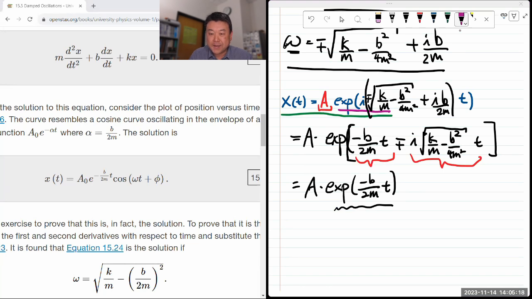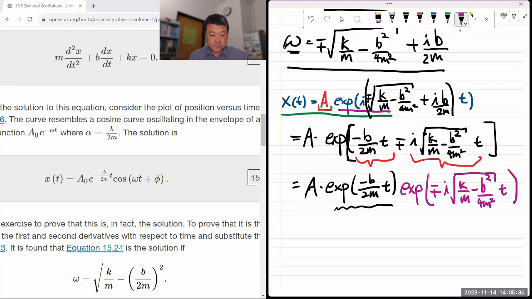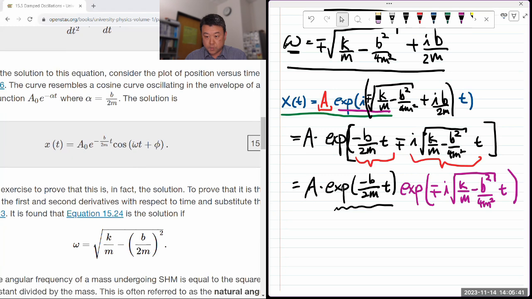And then let me write out the complex exponential part. Exponential of minus plus i square root of k over m minus b squared over 4m squared, all of that, times t. And when you look at it, it says cosine of omega t plus phi. Let's look at just the solution for omega. When you look at the solution for omega, that's exactly what we have here.